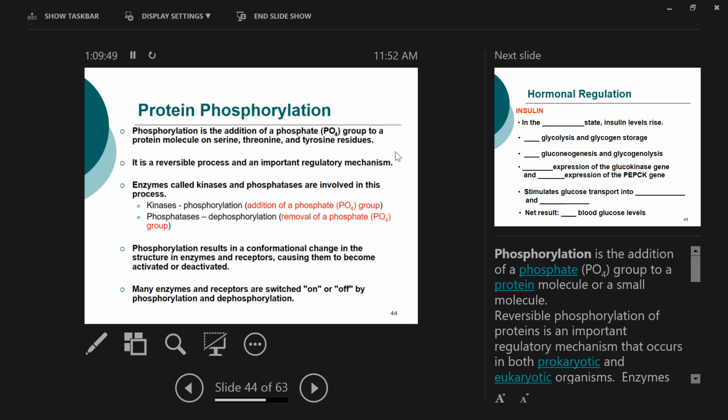For example, we learned one of the very important enzymes, glucose 6-phosphatase, right? That means you remove the phosphate group from glucose 6-phosphate and release free glucose. So it catalyzes the reaction that removes the phosphate group from a substrate.